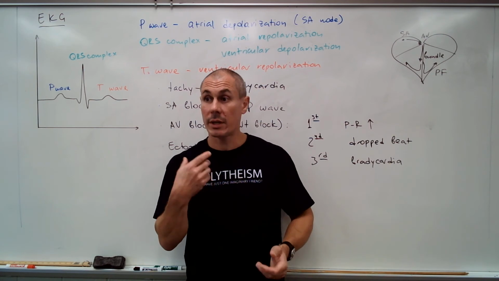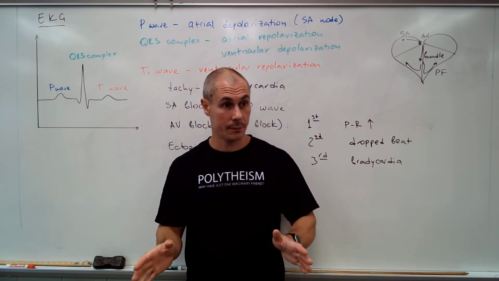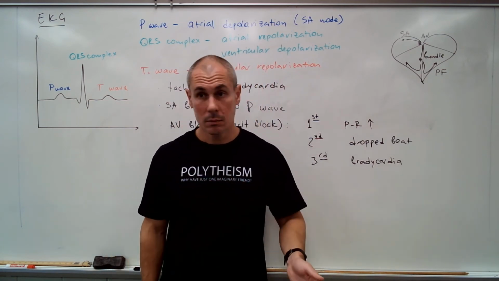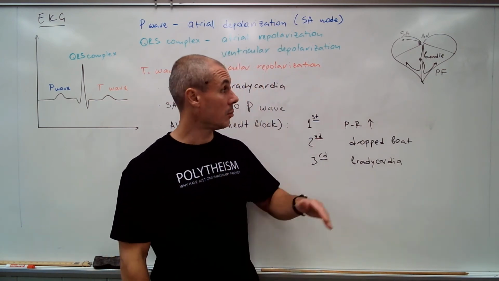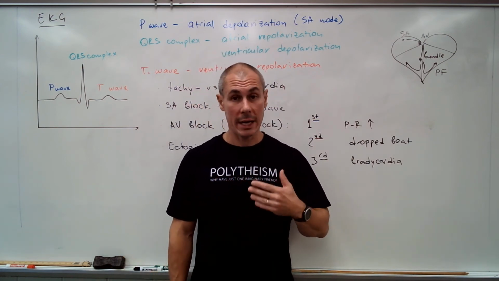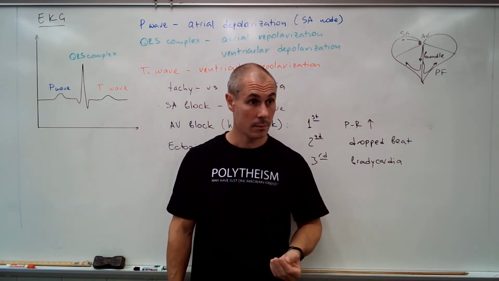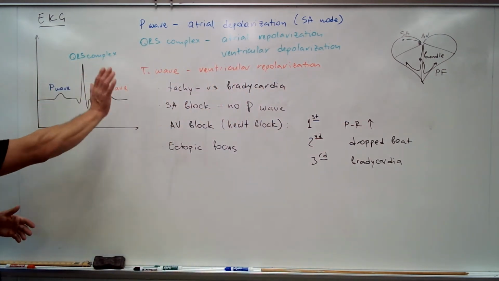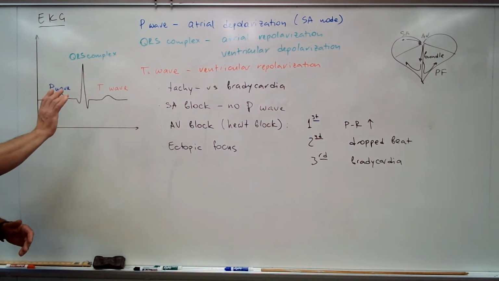So that extra beat, that's ectopic focus. It can be in the atrium, which is okay. It can be in the ventricle, which is less okay, but also kind of okay. It will just show as some weird overlap on EKG.